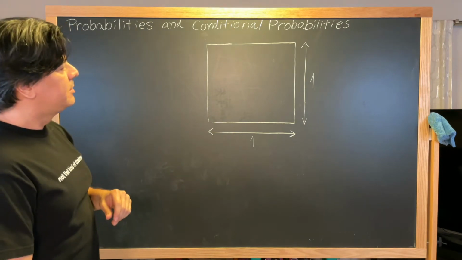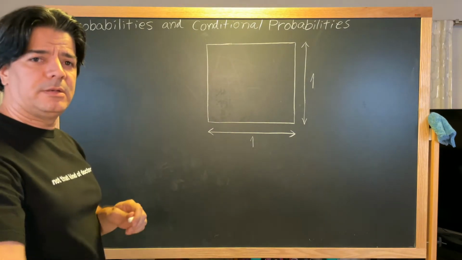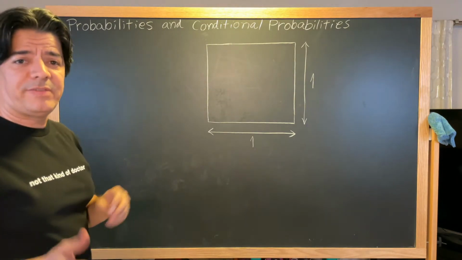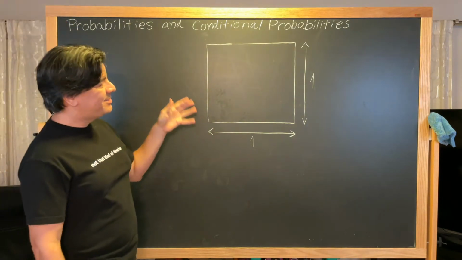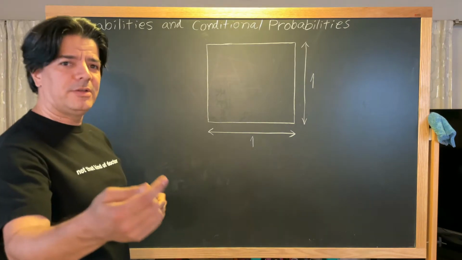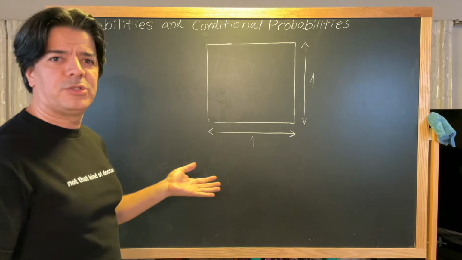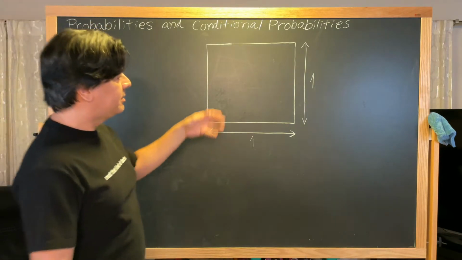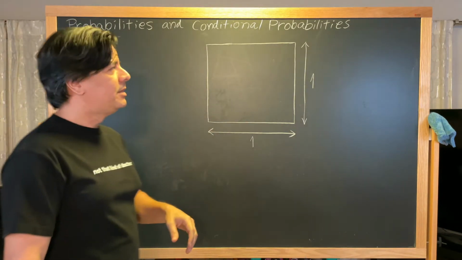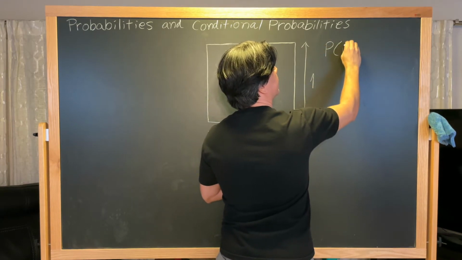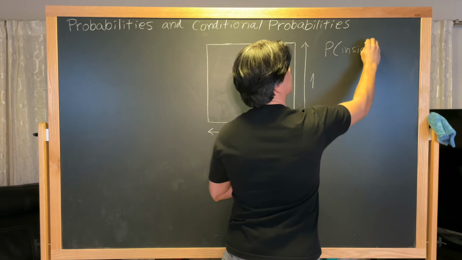Okay? So if I push a button and let it shoot, and I don't tell you where the dart fell, but I ask you the question, what is the chance that the dart fell inside the square? You're going to answer, well, 100%, because I just told you that it never misses the square, right? We can write it this way, probability inside the square.